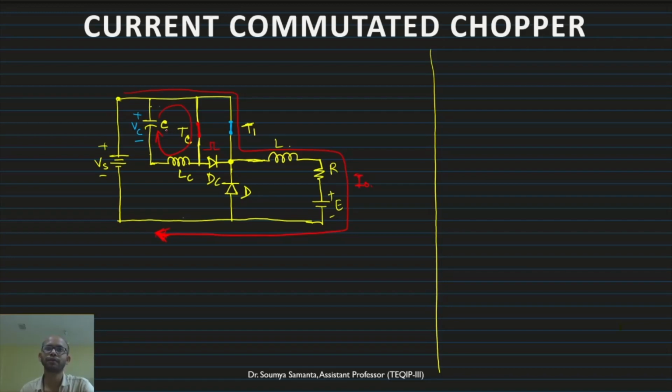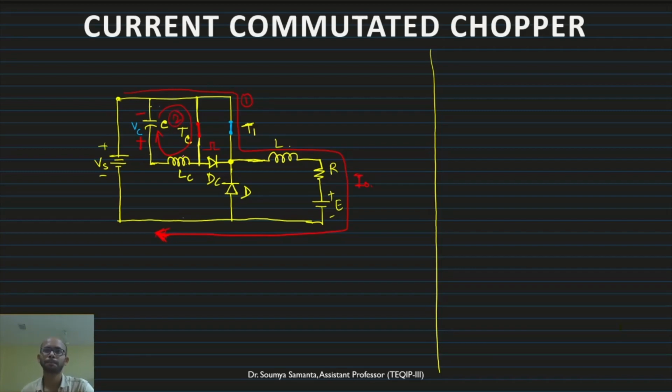Gradually with time, since there is the LC circuit, there will be an oscillation created here. As a result, from this polarity of the voltage, the capacitor will gradually discharge, the inductor will charge first, and then the inductor will discharge and the capacitor will be charged. What will be the outcome? We will get this as the positive polarity and this as the negative polarity of the capacitor. So basically the polarity of the capacitor will be reversed.